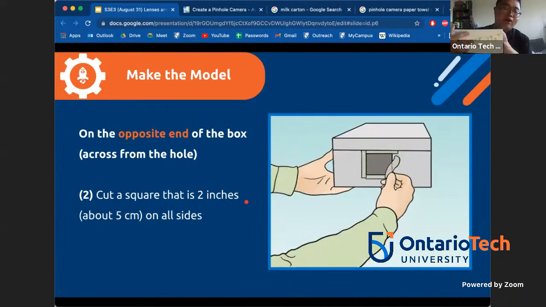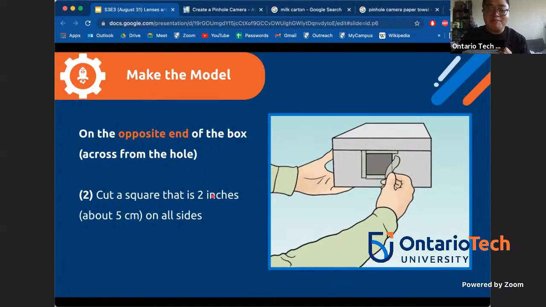So if we created a hole on one end of the box, we need to create a square where we're going to put our wax paper and view our image. This is where we're going to place our eye and see where the image is going to be formed. So if we have a hole in one end, we'll be looking at the other side of it in order to create a square.